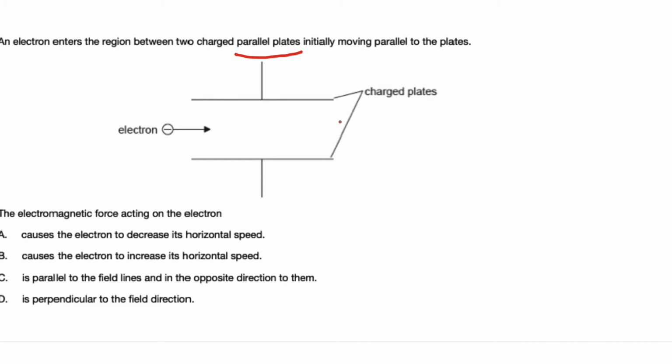So the electromagnetic force acting on the electron is going to be Y. We know for the electromagnetic force, the E field is perpendicular to the B field, perpendicular to the magnetic field, and we know that the force due to the electric field is in the same direction as the force due to the magnetic field.